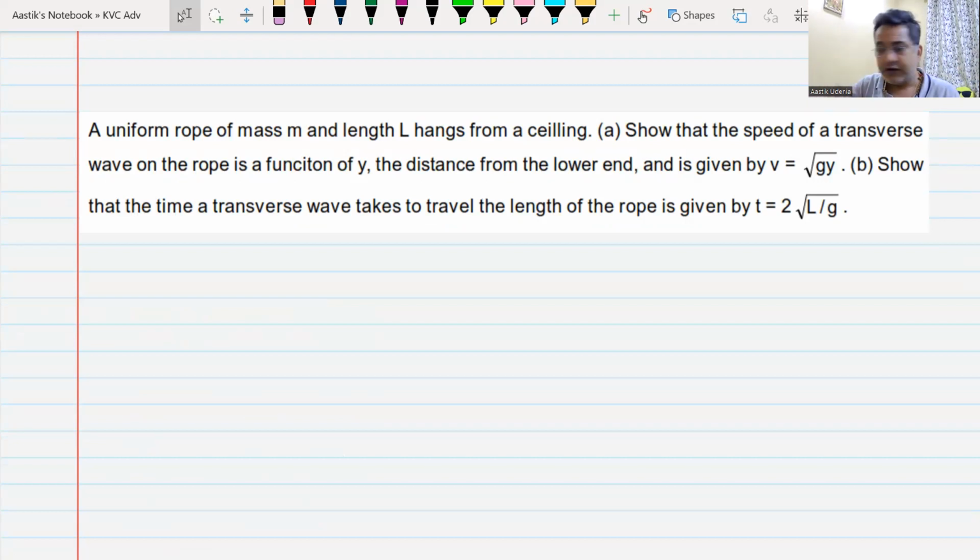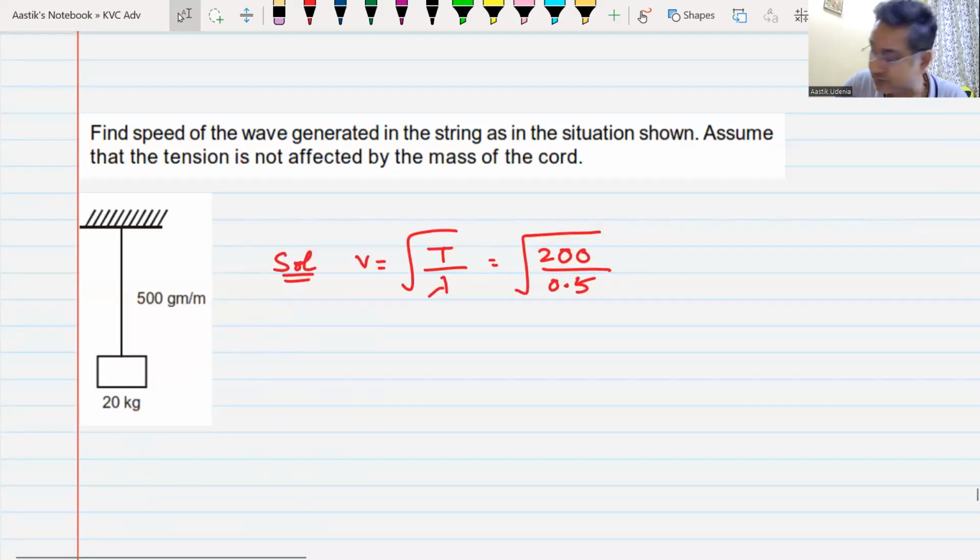If you remember the question that we had done previously on this tension, there was a very important aspect of the question which I did not tell you then. In the question, there was a very important aspect given, and I did not pay any attention to it. I did not emphasize it.